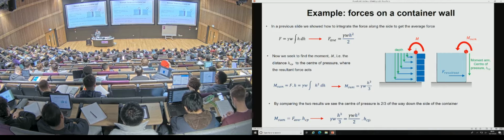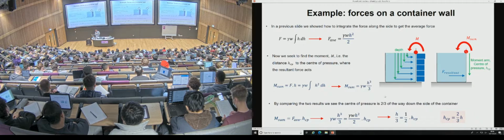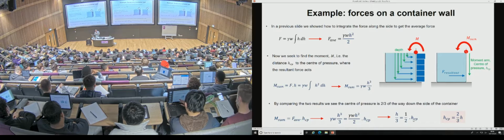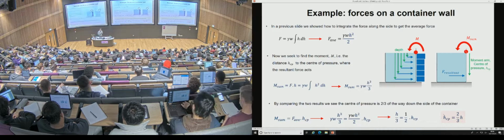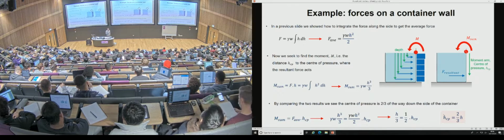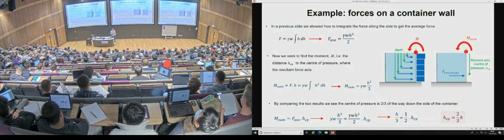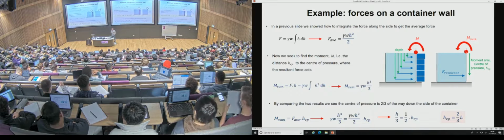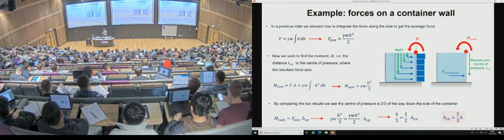By relating those two expressions, we can prove that it acts at 2/3 of the distance down from the surface. We cancel the gamma w's, and we're left with an expression that says that the distance h_cp is equal to 2/3 of h. And this always holds for a constant density fluid and for a vertical plate immersed in that fluid.